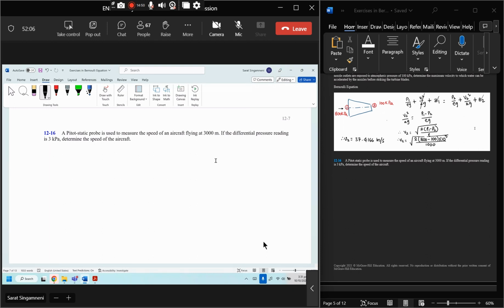The pitot tubes that are used on airplanes are more advanced than a simple bent L-shaped pipe. So they have an internal cavity like this. It looks like this.